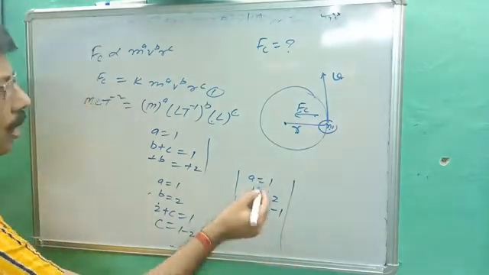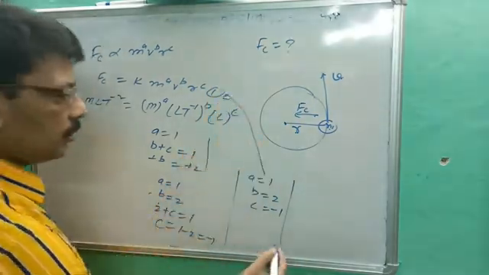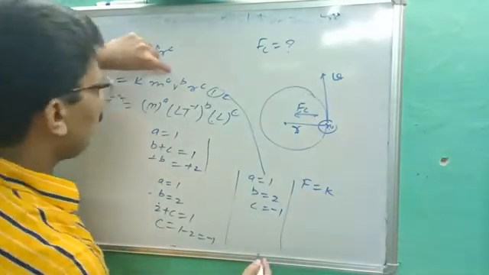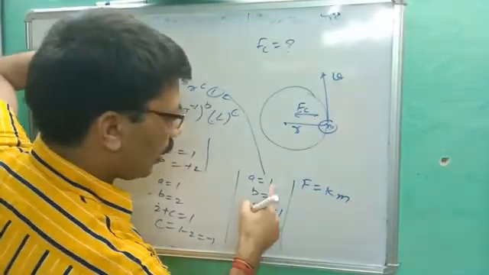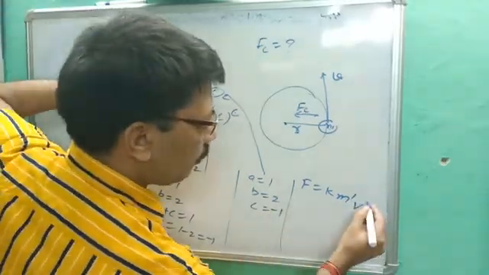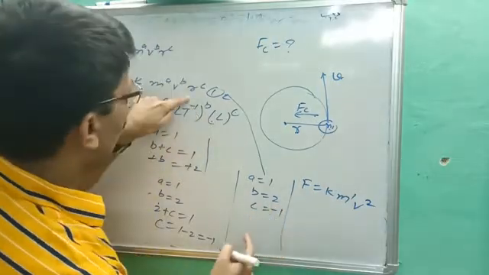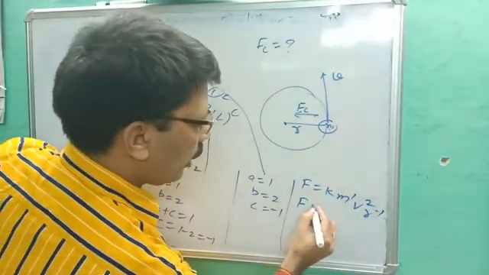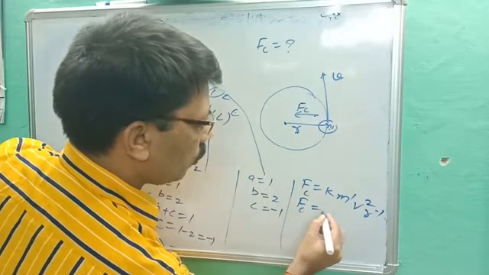Now we'll put all these values in equation number first. So what do we get here? F is equal to k, M^1, v^2, and r^-1.